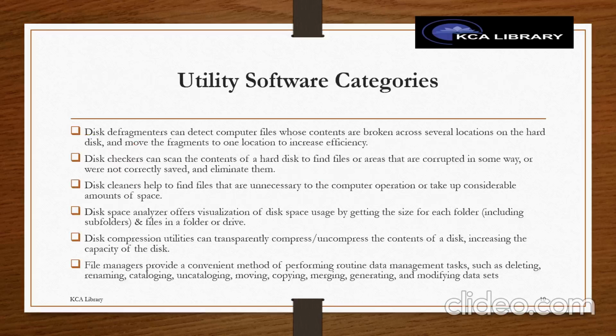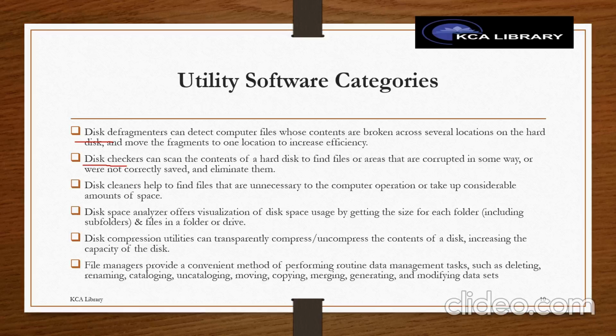For utility software categories, we have disk defragmenters. These can detect computer files whose content is broken across several locations on the hard disk and move the fragments to one location to increase efficiency. Then we have disk checkers, which help scan the contents of the hard disk to find files or areas that are corrupted.